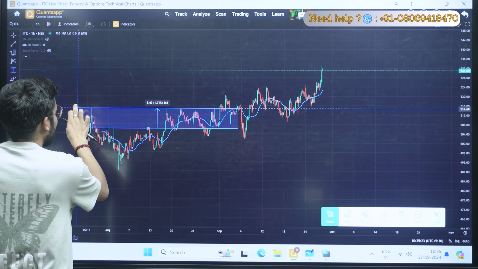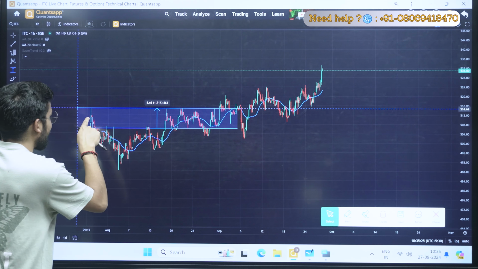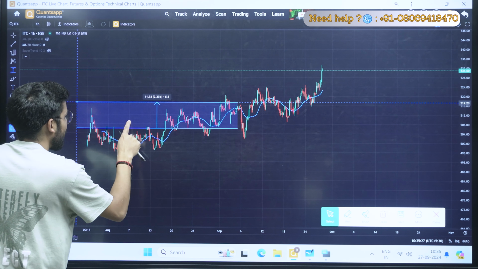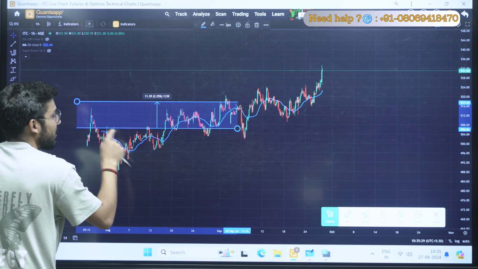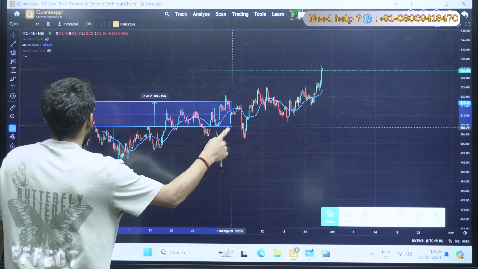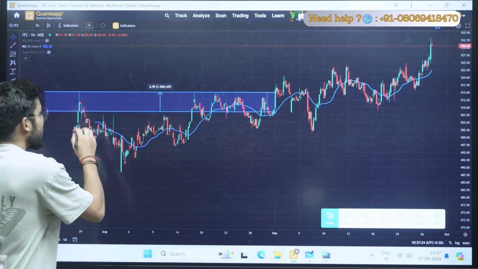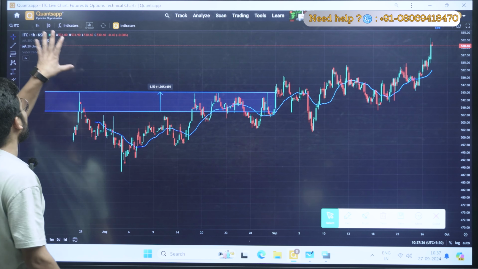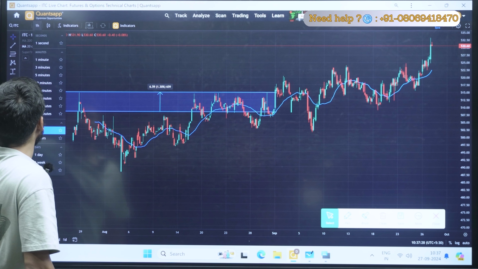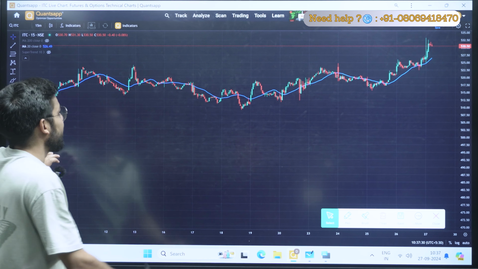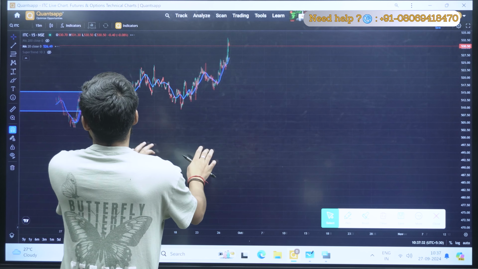I'll place the upper band at the high of this candle because this was the highest candle, okay? And then I'll place my lower band at the low of this candle like this, okay? So now I have drawn my zone in a 1 hour time frame. Let's see it in the 15-minute time frame if I'm doing intraday.